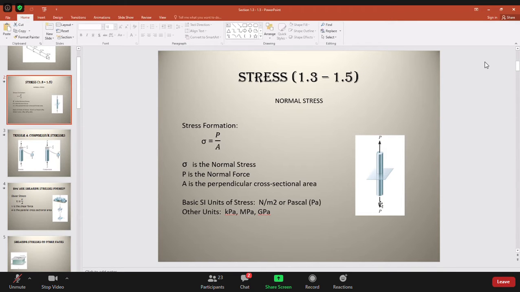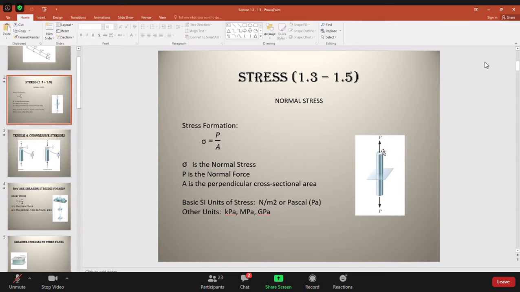So you're pulling at this member on both ends, applying a tensile force to the member. What will be the effect of this on the member itself? Well, the best way to analyze it is to define a property which depends upon the area of cross section. You see, that's the area of cross section on which this force P is applied.